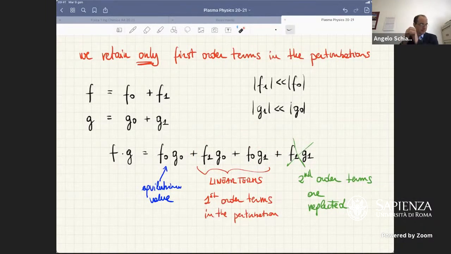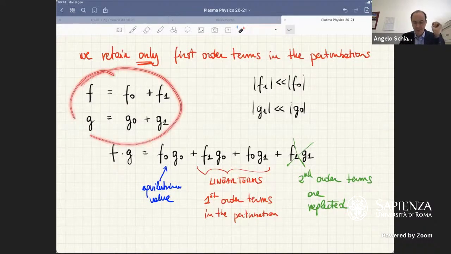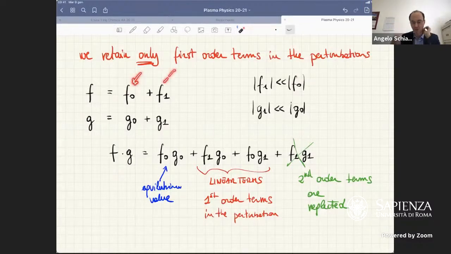So this is, in the end, what is called the linear theory. We expand any quantity of interest into an equilibrium value and a small perturbation with respect to it, and we let the quantities interact through the dynamical equation that can mix them. In the evaluation of the equation, we retain only the linear part.